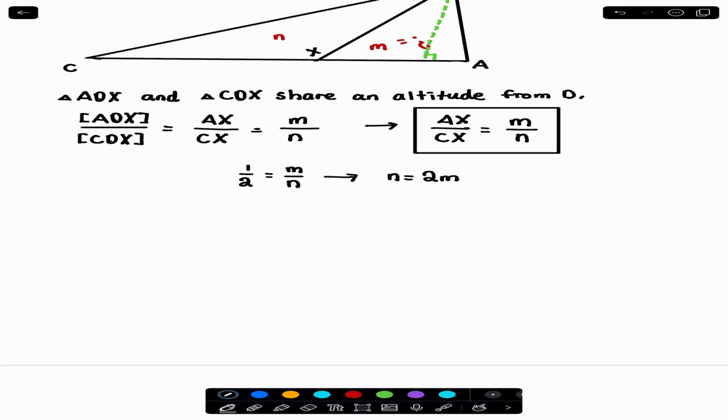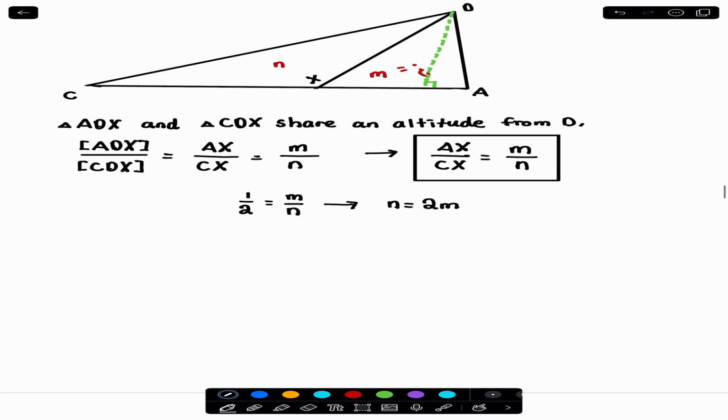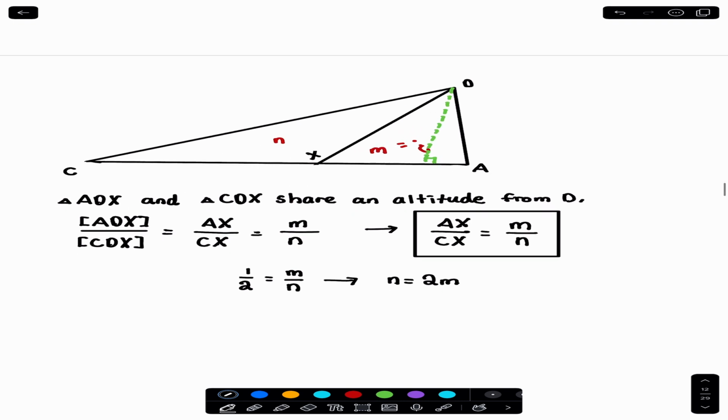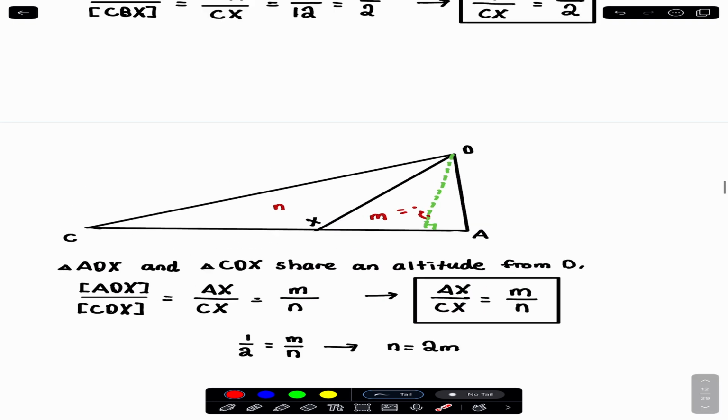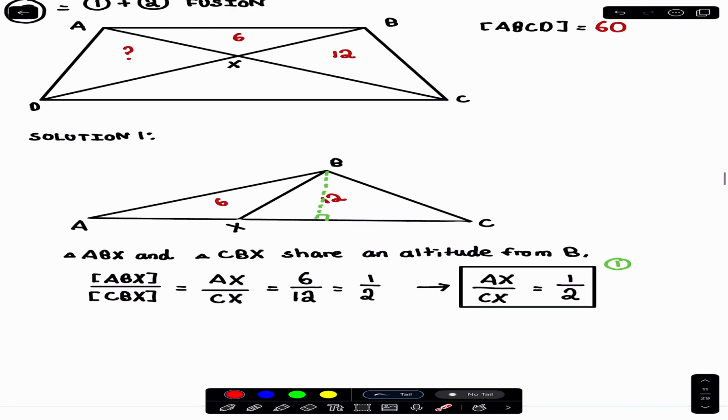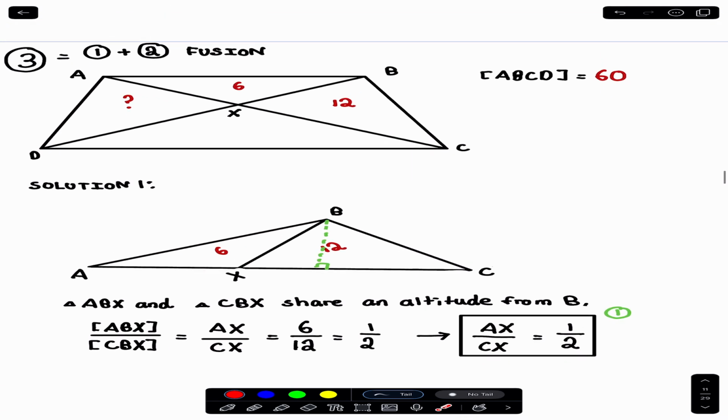If we just cross multiply that, now from here we might seem stuck because we have two variables, one equation, but this is why you always need to go back and use everything you're given in the problem. We are given that the area of ABCD is 60.